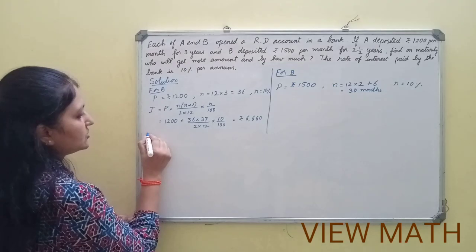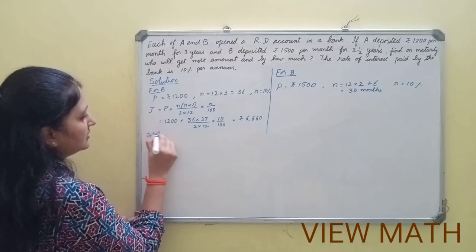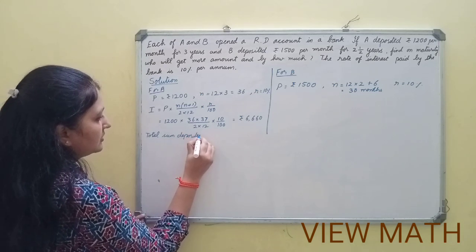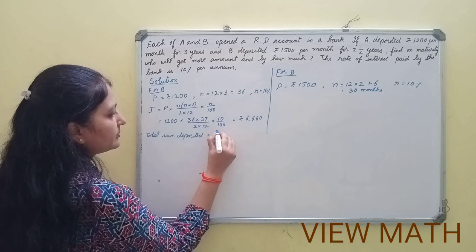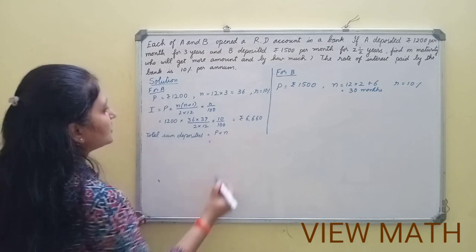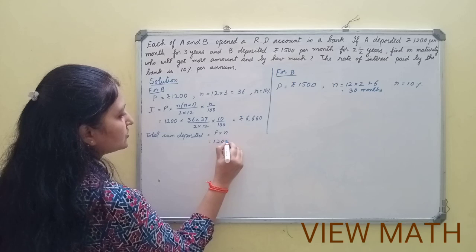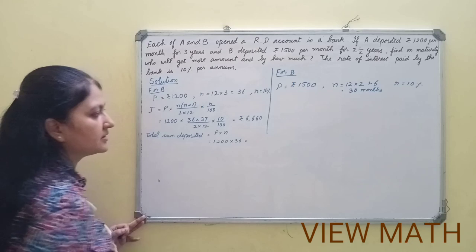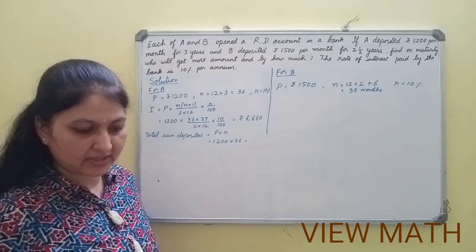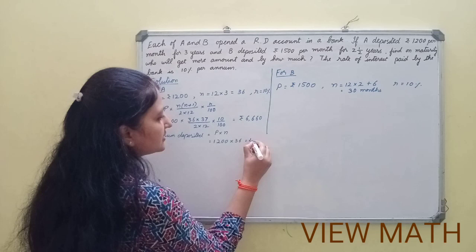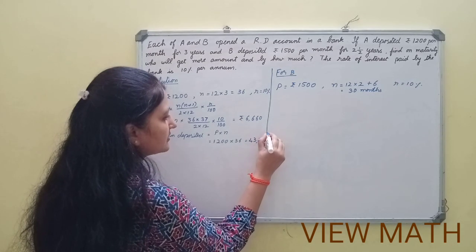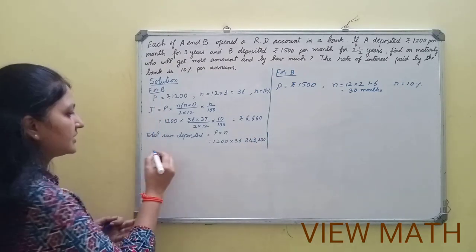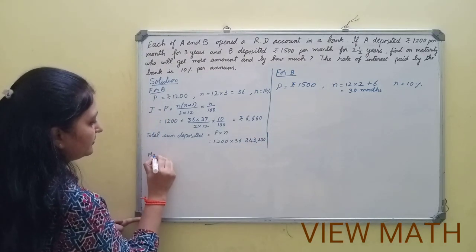Next, total sum deposited. Total sum deposited is equal to P into N, which is equal to P is 1,200 into 36. So you have to multiply. Let me give the answer. It is 43,200 rupees. Next, maturity value.